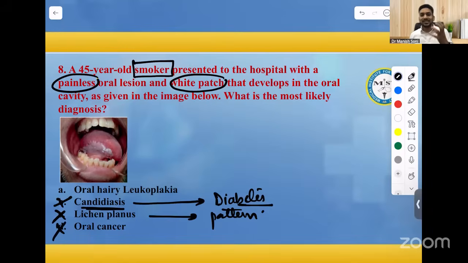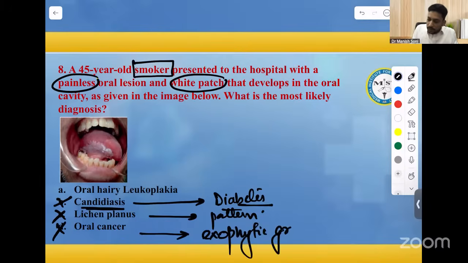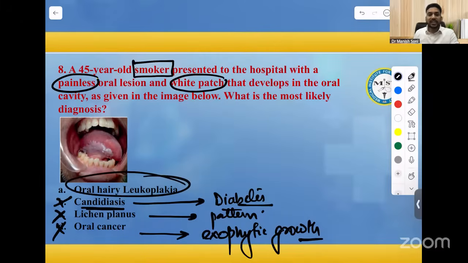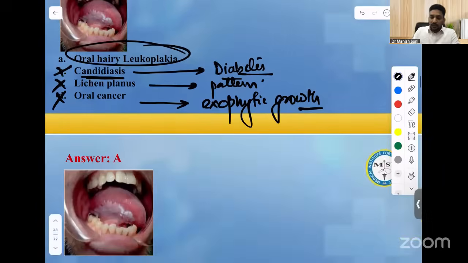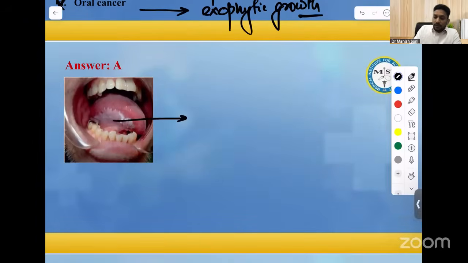Because oral cancer, that is the squamous cell carcinoma, has exophytic growth. So there is a growth which is coming out, and not just the whitening. The whitening is seen in oral hairy leukoplakia. How to differentiate? Remember, oral hairy leukoplakia, most common site is lateral part of the tongue.